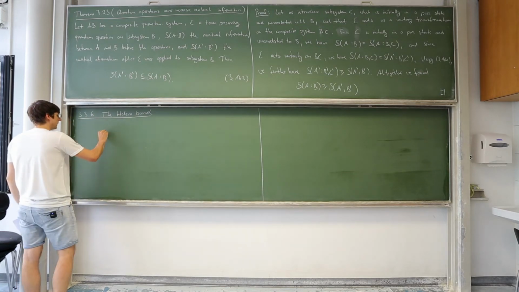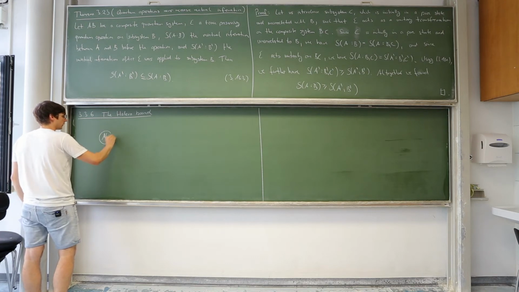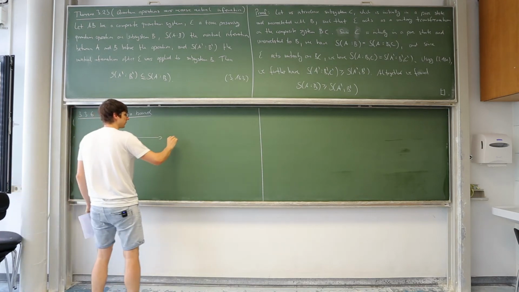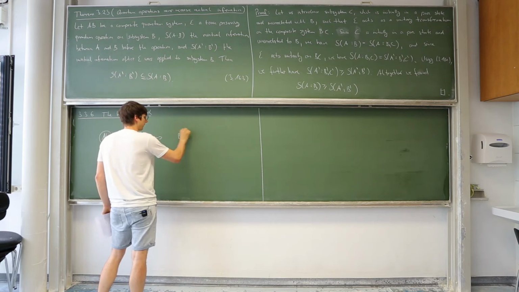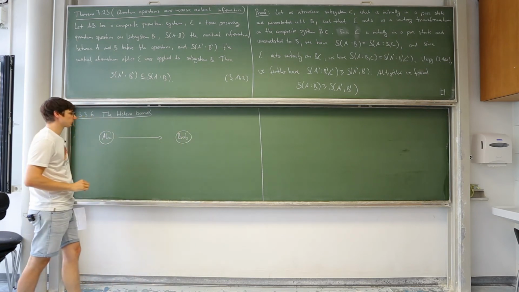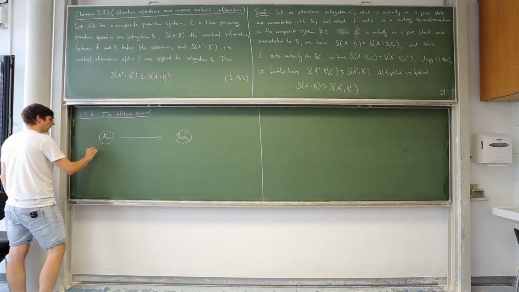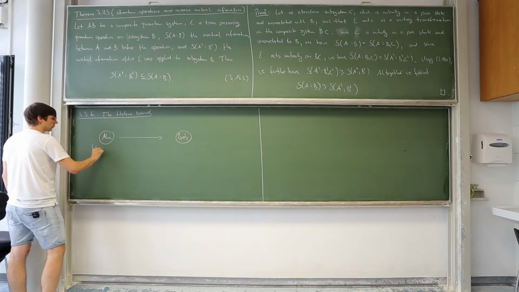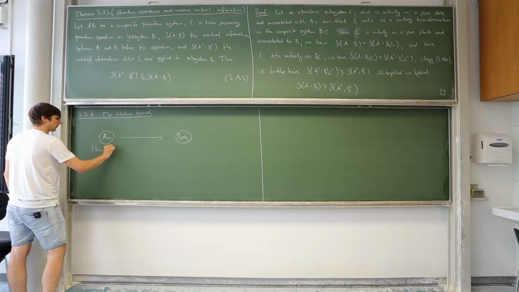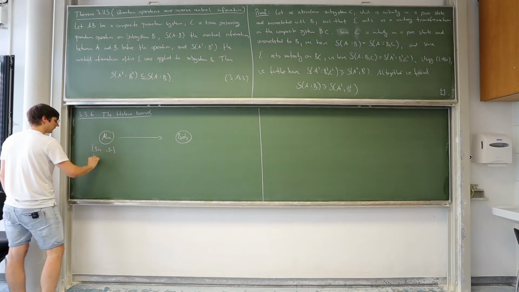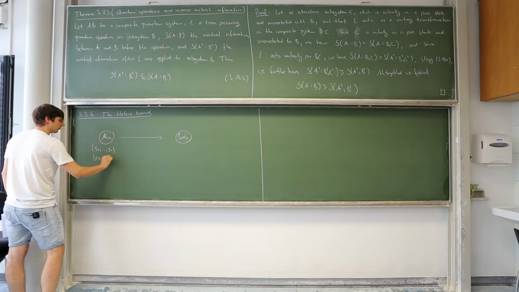So suppose we have here Alice who communicates with Bob, and suppose that Alice prepares some quantum states, rho 1 to rho n, with probabilities p1 to pn.